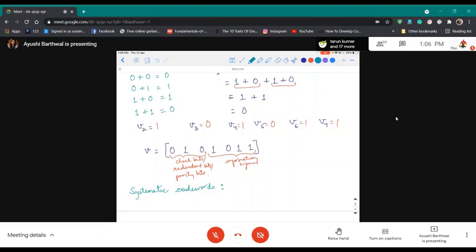So systematic code words are those code words in which information bits and check bits can be separated. Otherwise, the code words are termed non-systematic.